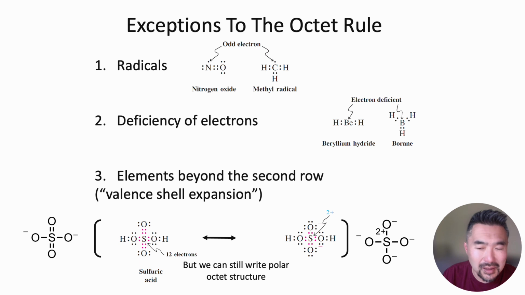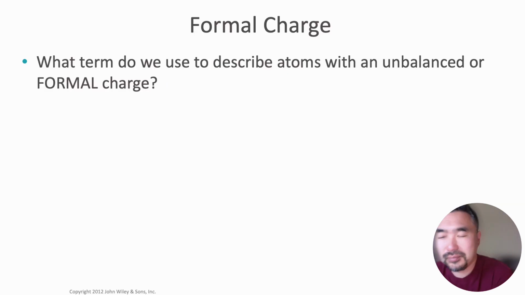But can you tell which of these two is preferred? It is the one on the left because of rules number 3 and 4 of the resonance rules that we talked about last time. Now, those structures, of course, included what we would call formal charge.